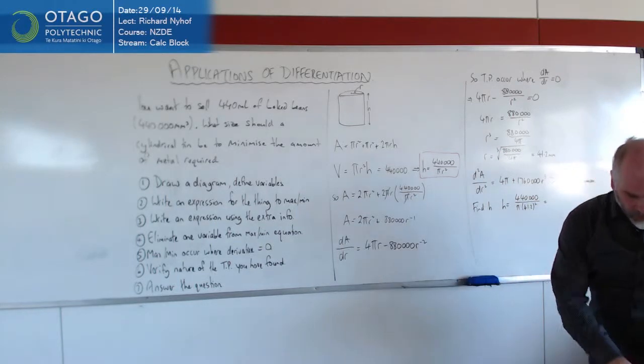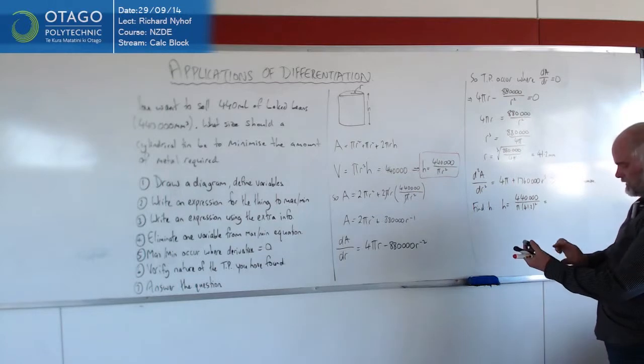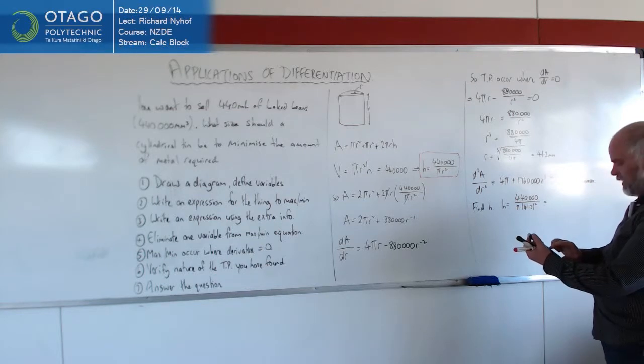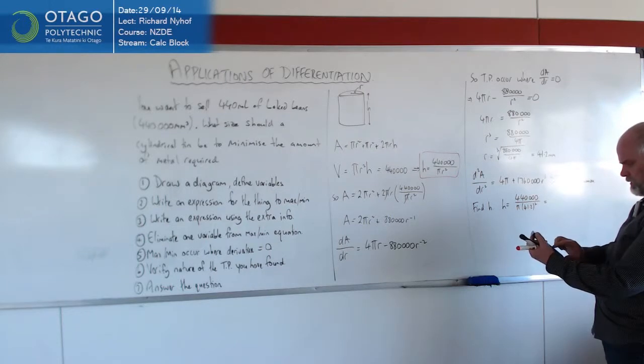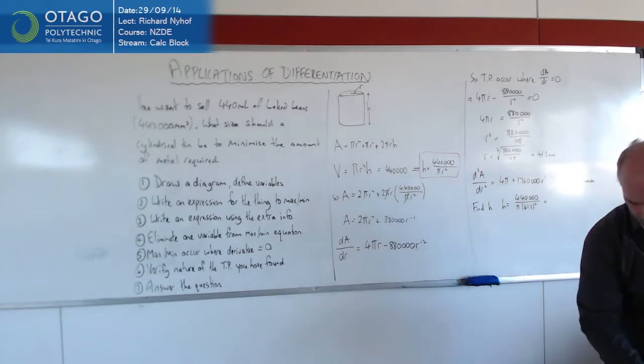Again, not something I can do in my head. So let's have a look at this. 440,000 divided by pi lots of r, which is still on my calculator, so previous answer squared. Comes out to be 82.4.